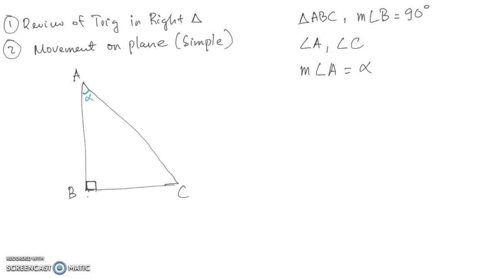Now, one thing that doesn't change in this right triangle is the hypotenuse. The hypotenuse is the side that is opposite to the 90-degree angle.